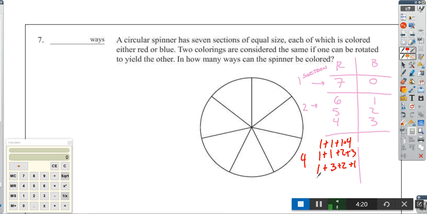And I could also have 1 plus 2 plus 3 plus 1. Those would all be different situations. So right now I have 1, 2, 3, 4, 5, 6, 7, 8. Well, are there any that I'm missing?